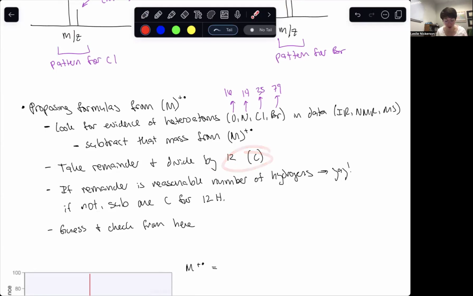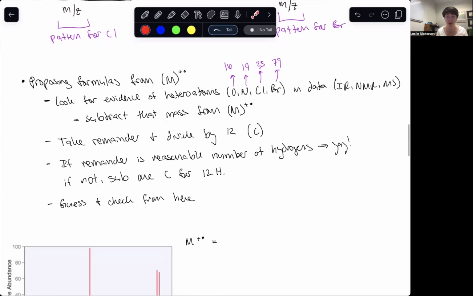12, because we're looking at how many possible carbons we might have in this molecule. If the remainder is a reasonable number of hydrogens, and I know this is super vague and annoying, but as you get more practice it will make a lot more sense.